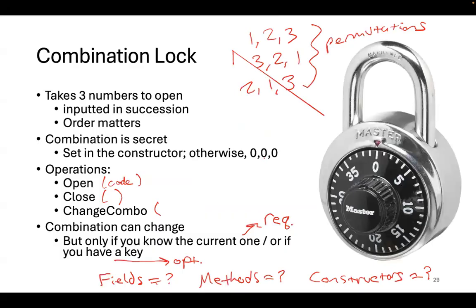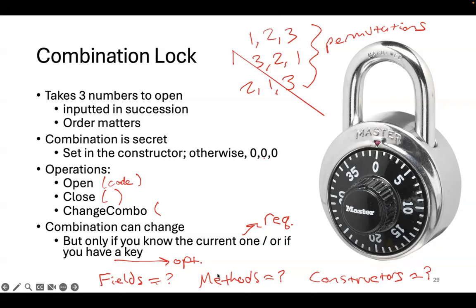Okay, so my plan for until maybe 2:15. So last time we went over this where like what is a combination lock? It takes three numbers as input, and we want to be able to set the combination, open it, and close it, and change the combination.